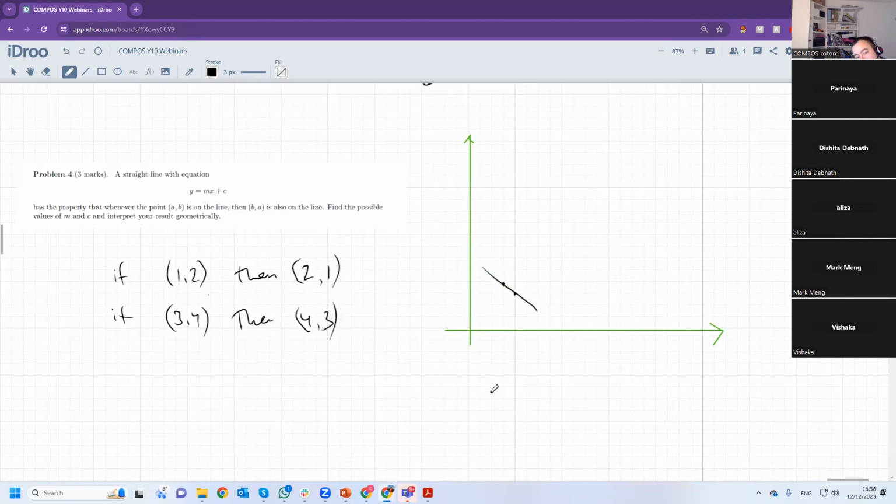The line goes like this. So you just need to describe all the possible values of m and c. Does that make sense?